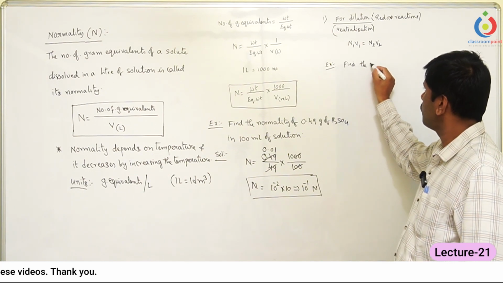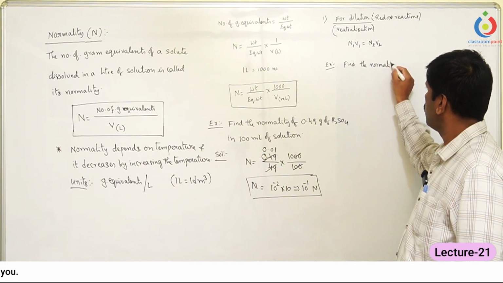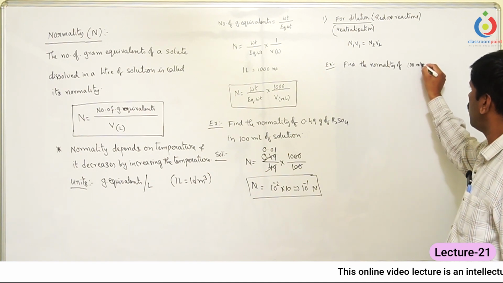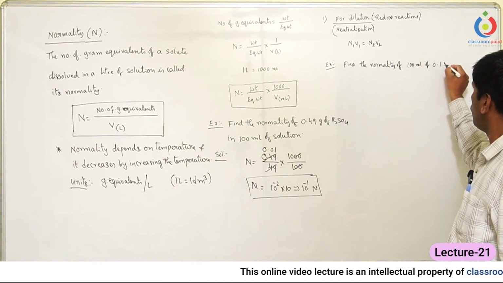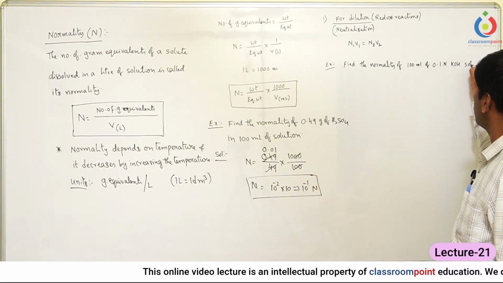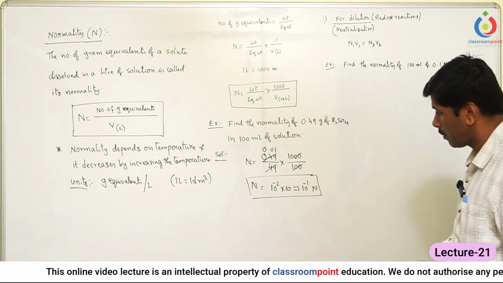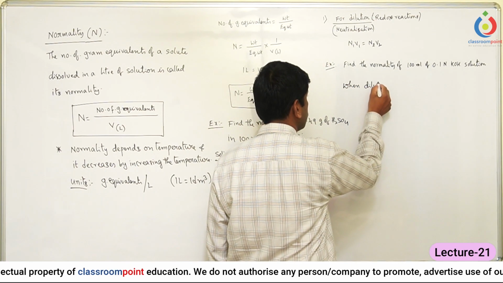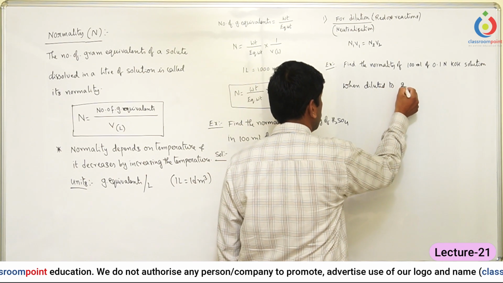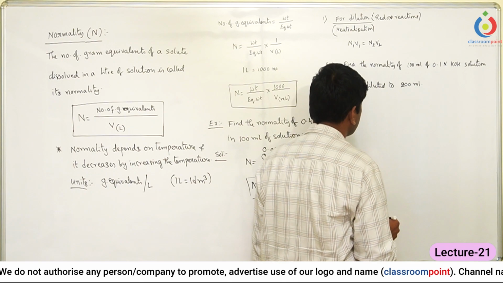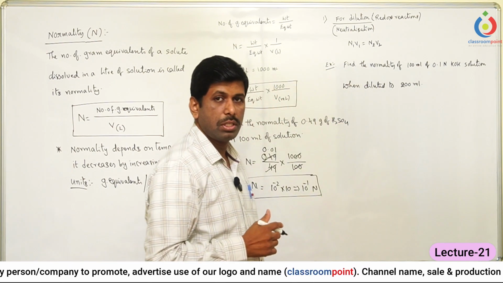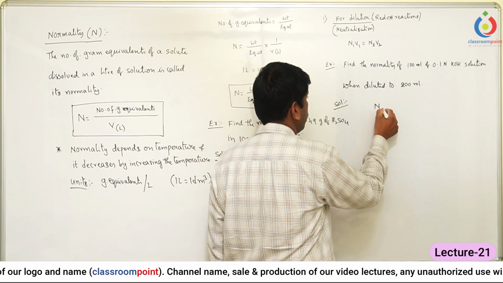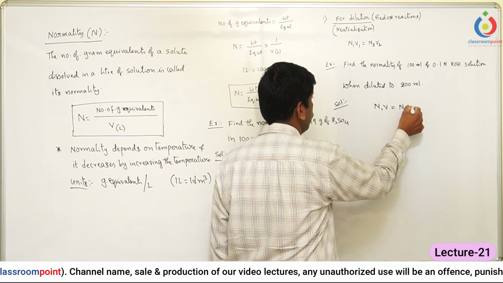Find the normality of 100 ml of 0.1 N KOH solution when diluted to 200 ml. So what is its final solution normality? So here N1 V1 equals N2 V2.